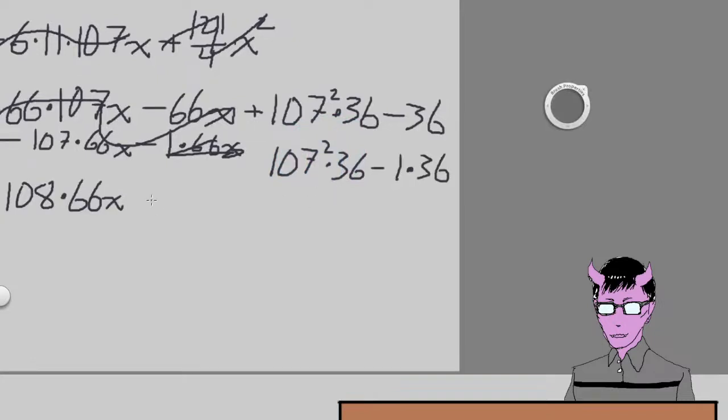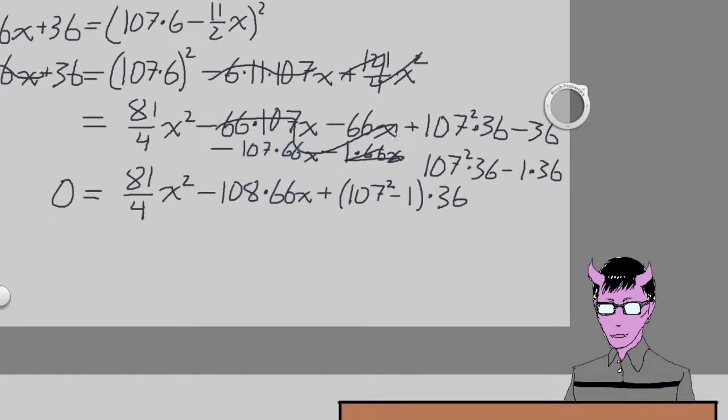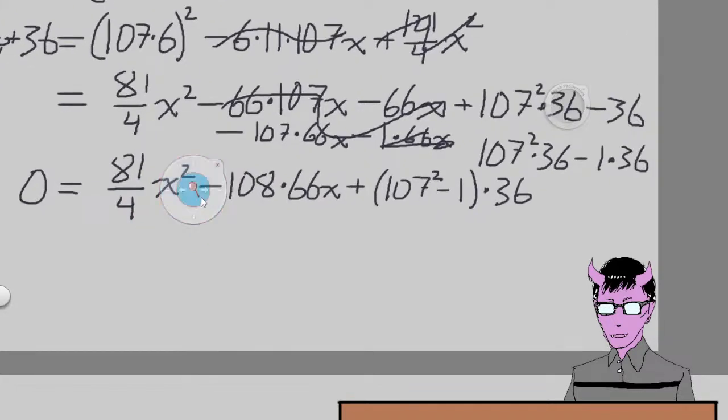So in effect, that becomes plus 107 squared minus 1 of those 36's. Okay. Brilliant, right? Well, this is what we have, and it looks, quite frankly, very awful.